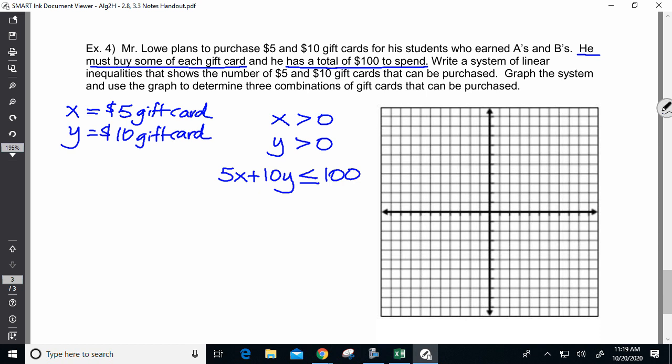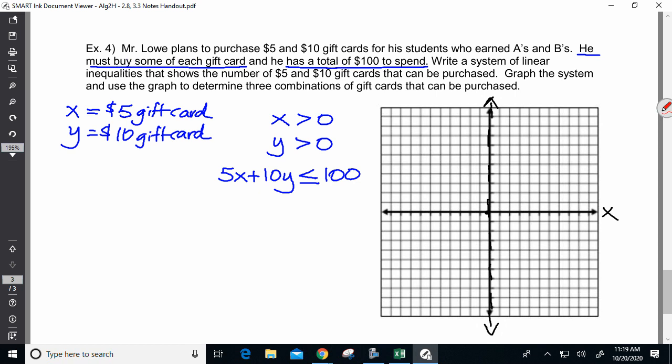Let's start graphing. So x greater than 0. Dot on 0, draw your dotted line. Now, since it's going down to 0, I'm probably not going to be able to tell that that's dotted. That's fine. You wouldn't be penalized for that. So we need somewhere that's greater than 0. We need to test the point.